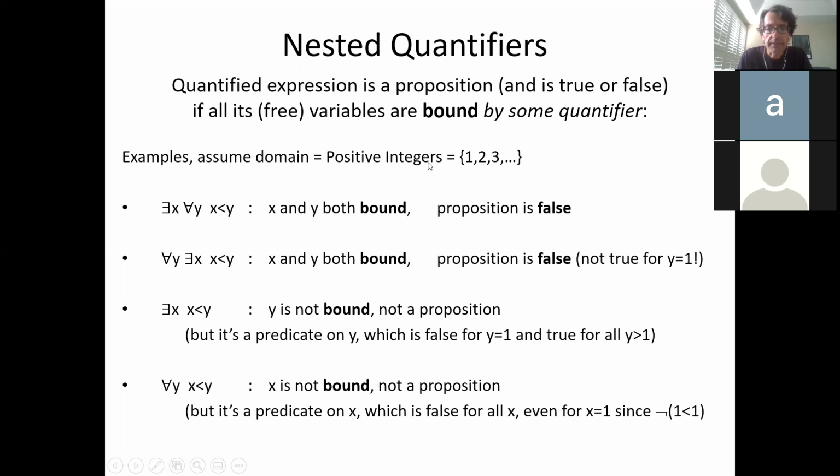Okay, so let's see. First of all, if I have some expression that involves a bunch of variables, to evaluate whether the expression is true or false, I have to instantiate all the variables. Otherwise, I cannot evaluate. But I can evaluate the truth or falsity of expressions which are fully quantified.